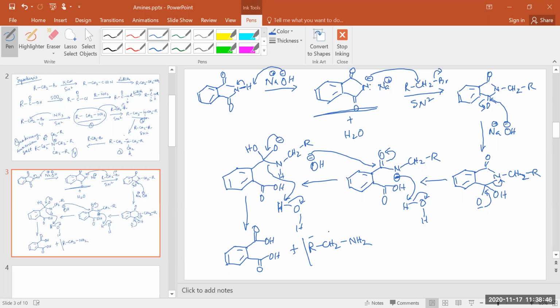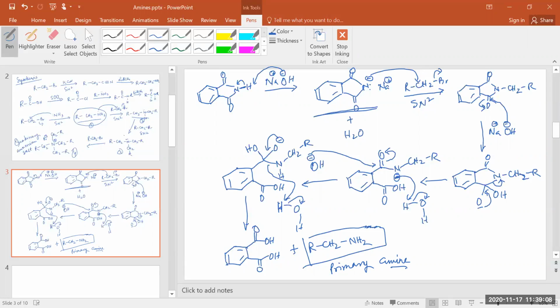Okay. So this is the primary amine. This is the kind of long mechanism, but here there are two reactions.